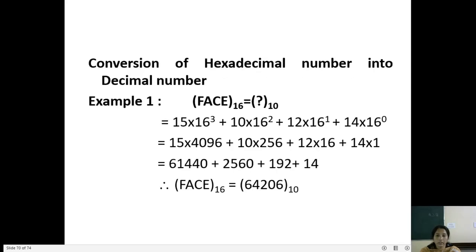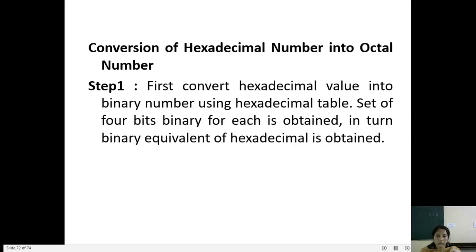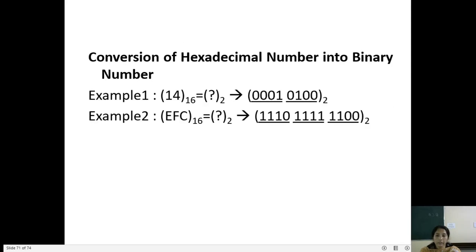Now conversion of hexa into decimal: even if they have given alphabets, you want to write them as numeric values and you want to write the power. And these are certain examples. So we can see here we have converted the hexadecimal into binary, but we have not done it by multiplication or division.